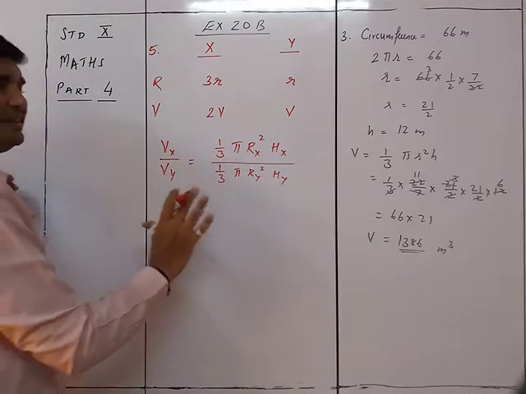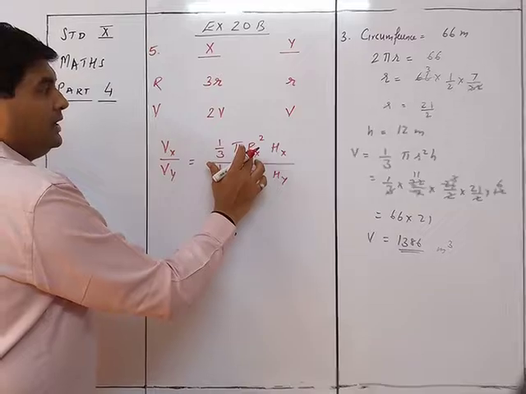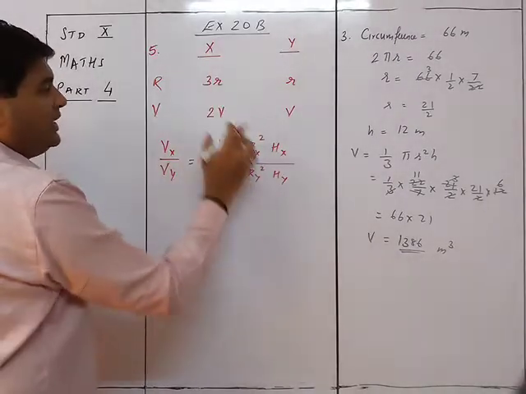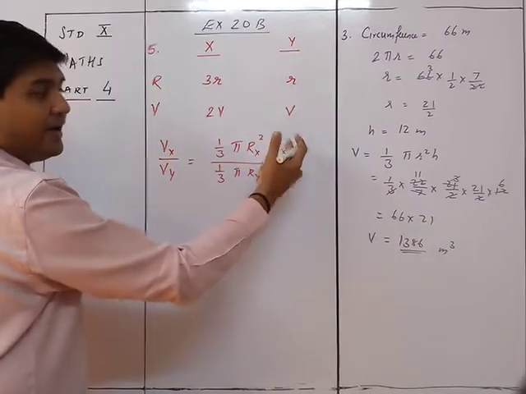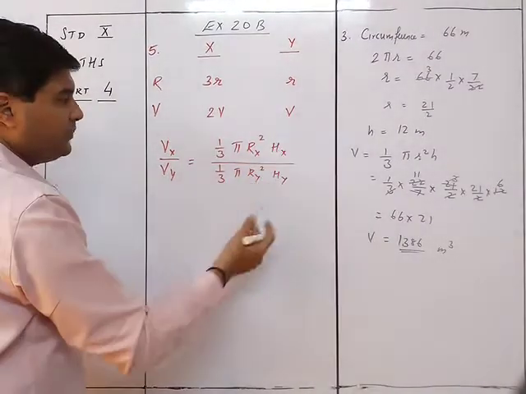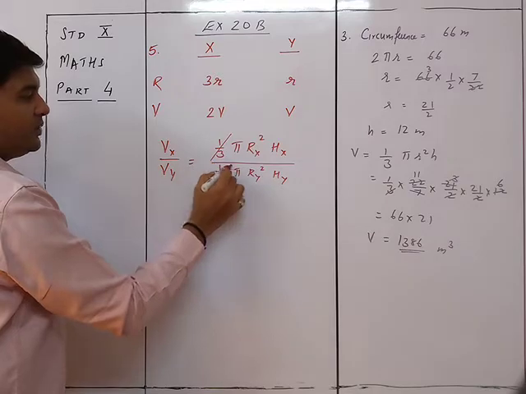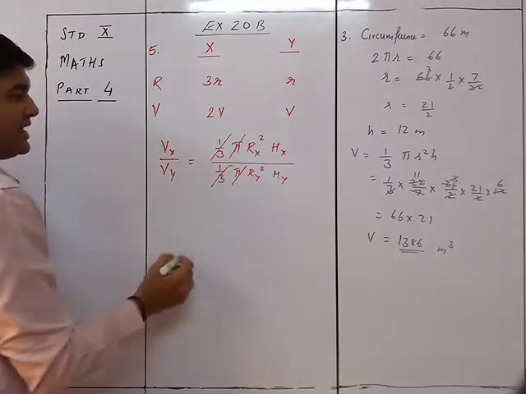This is what we are just taking as the formula, because the radius we are taking as rx and ry; we don't need to find them. We need to find the ratio of hx and hy. So accordingly, 1/3 and 1/3 get cancelled, π gets cancelled.